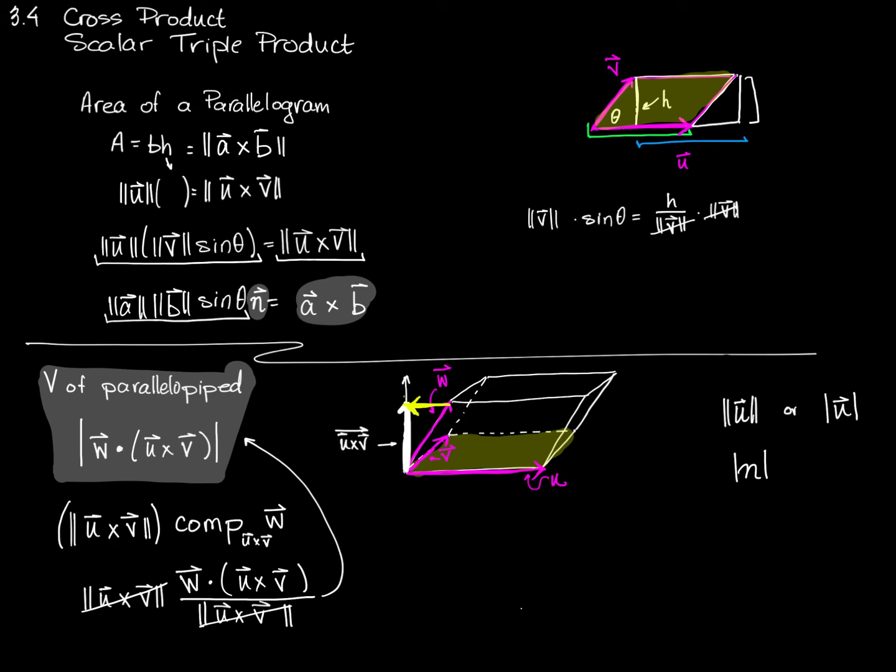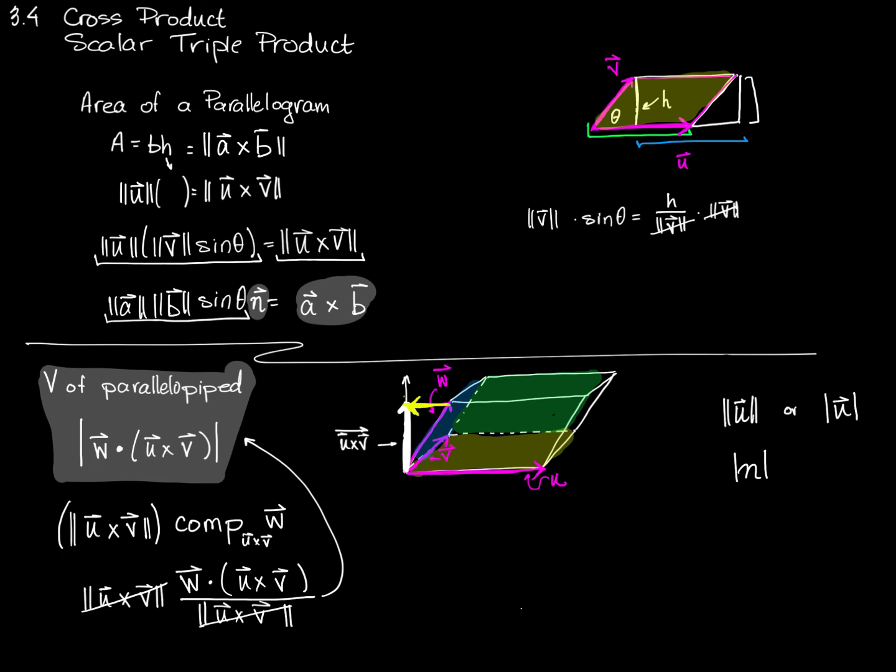So you could argue, for example, that this parallelepiped has other parallelogram bases. There's one right there in blue. Here's another one on the back in green. And there are three others.